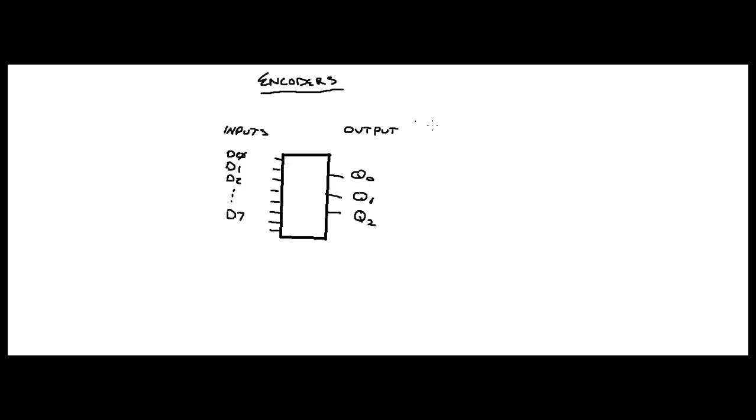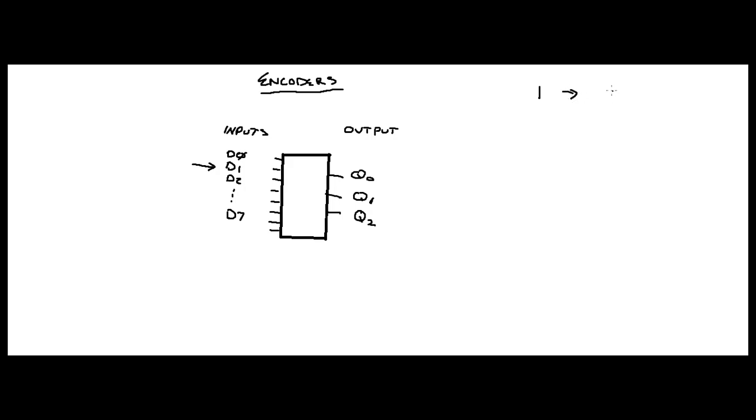Now, let's look at this. Suppose D1 is high and everyone else is low. Well, if we have an output which is 1, that's your decimal.